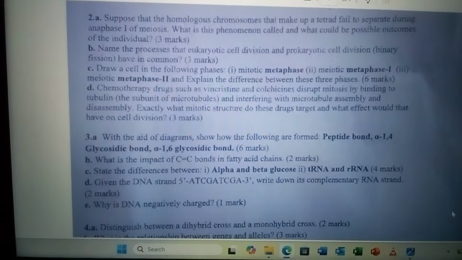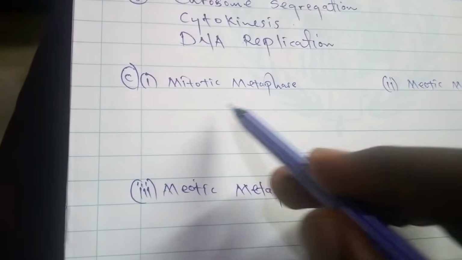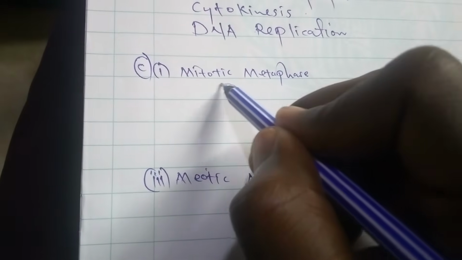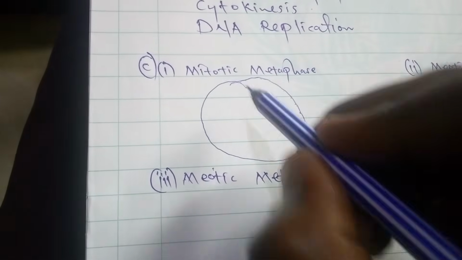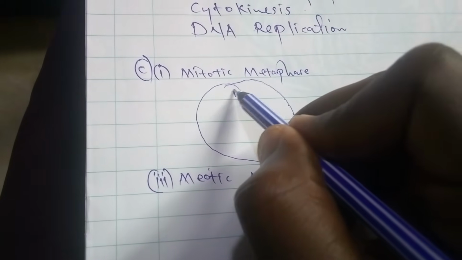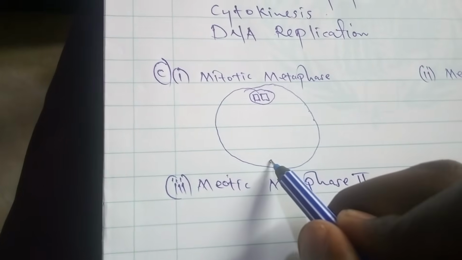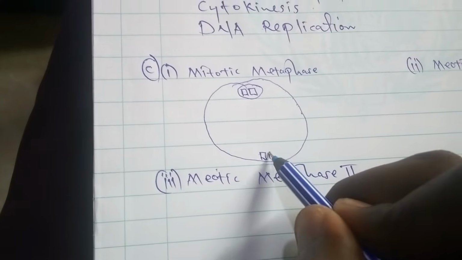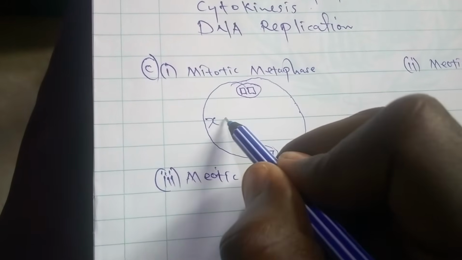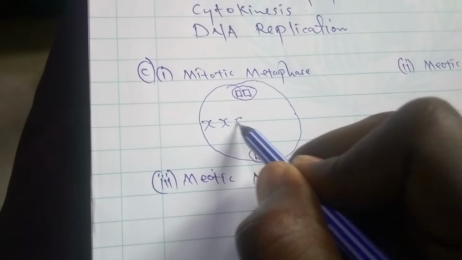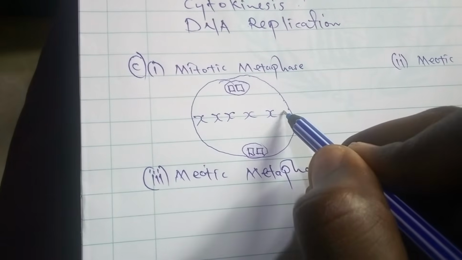So one thing that you should bear in mind is that under mitotic metaphase, we're going to draw the shape. So the centrioles, we do that. Also write the centrioles.